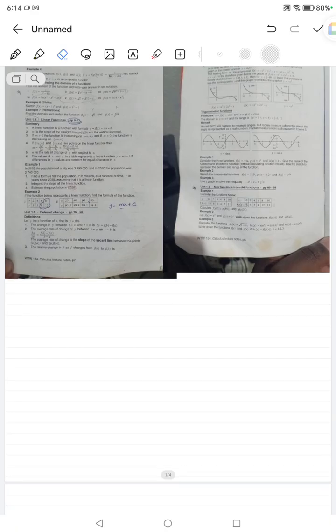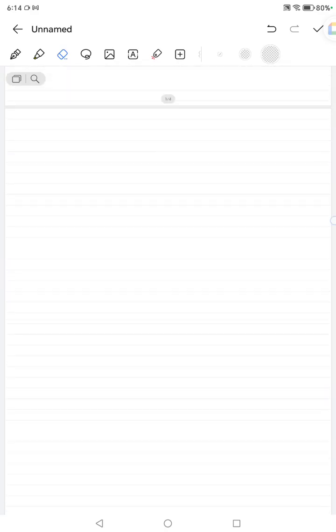Okay, let's just still use this page. As I said, the functions that we have are linear functions, then exponential functions, then the logarithmic and the power functions. Mainly all those examples that you're seeing were power functions.